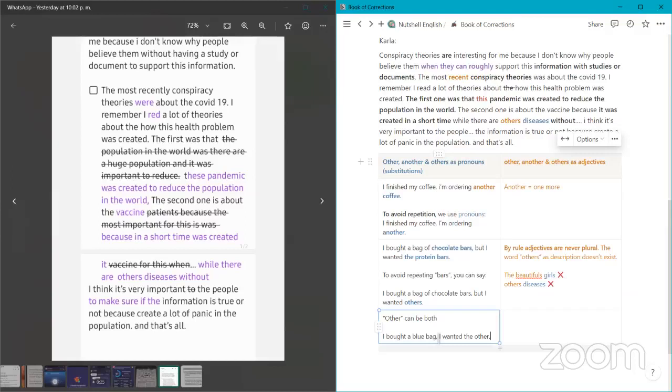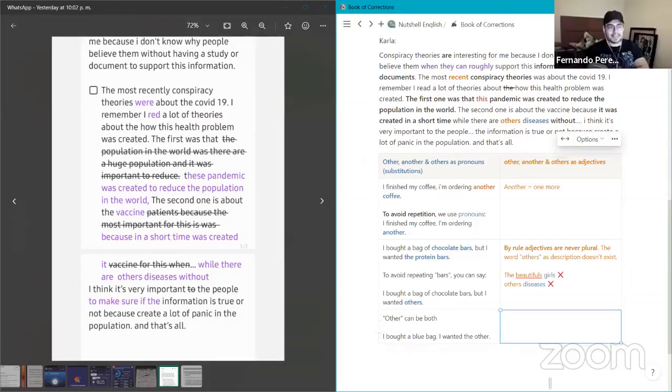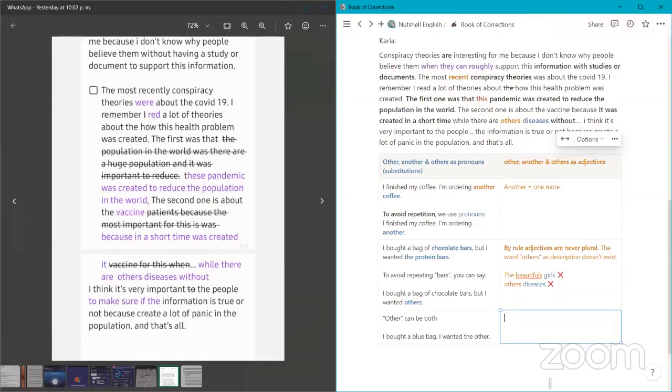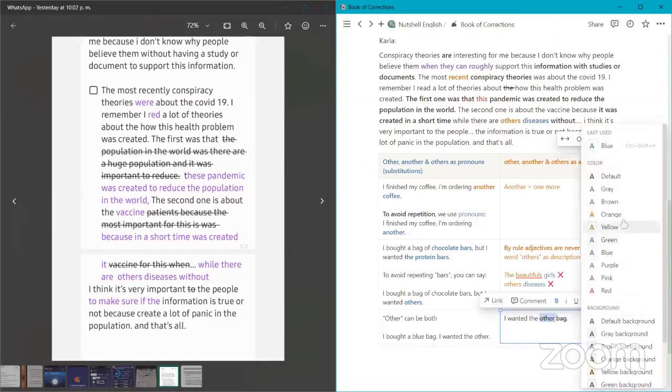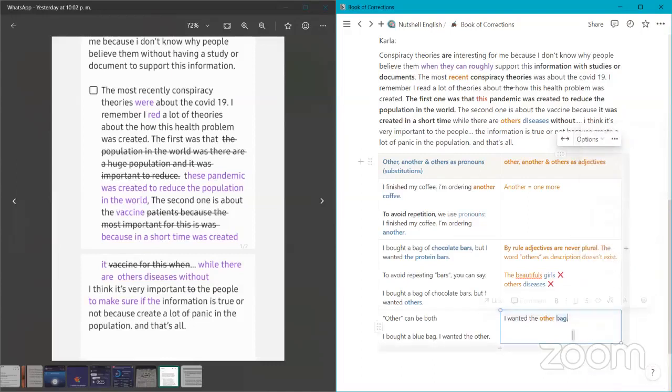Now I have this question, because maybe I had this mistake at some point. I bet that's very common. When someone asks you to choose something, and they ask you, do you want this or this, you say, "No, I want the others," for example with shoes, in plural.